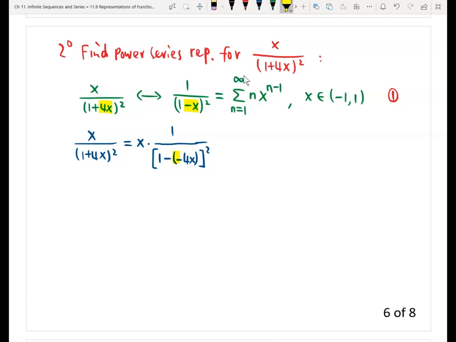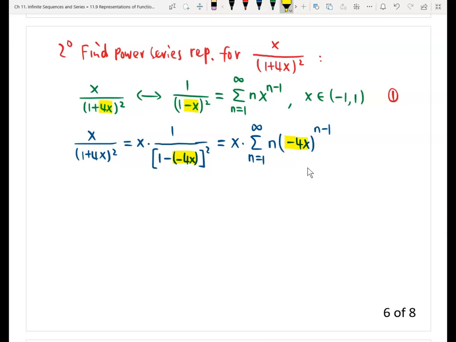Now we can do this. We see this negative 4x as a group. Therefore, we can use the results from power series 1 directly. Let me write what we need, which is x times the summation of n times, where x is no longer x but negative 4x, raised to the n minus 1 power, with the index n from 1 to infinity.